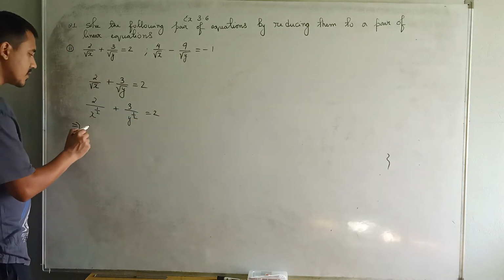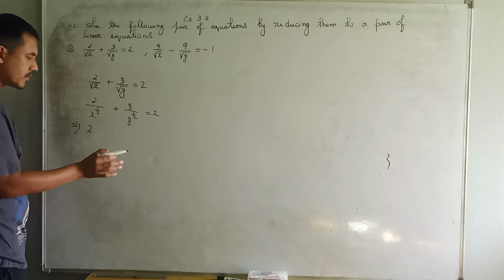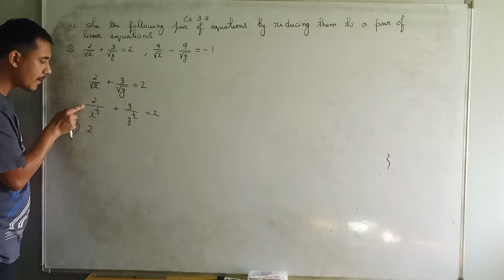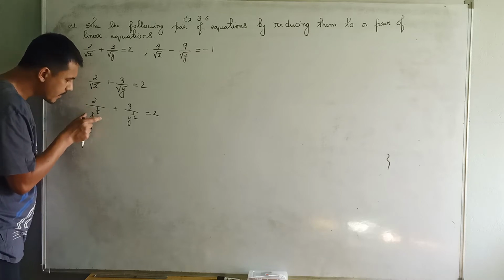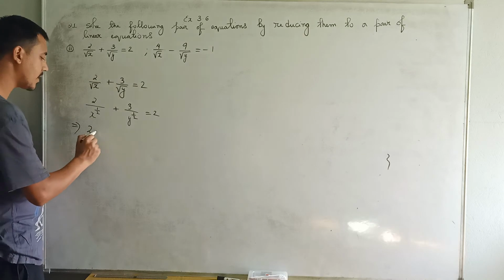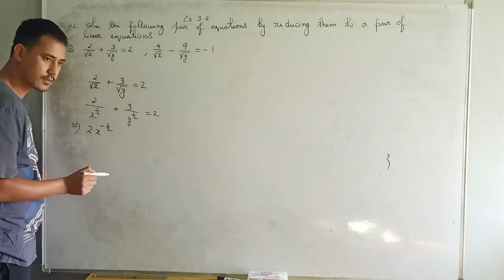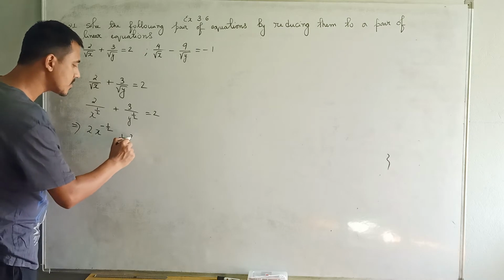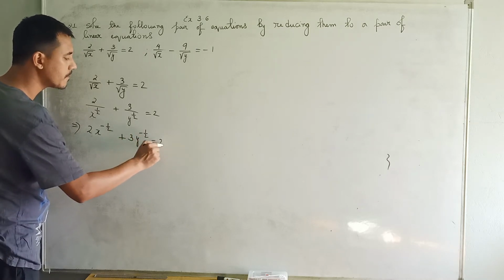Now 2 is a coefficient, no problem. Now 2 upon x to the power 1 by 2: the variable is in the denominator. If I bring it up to the numerator, I have to write x to the power minus 1 by 2, and here also 3 y to the power minus 1 by 2.